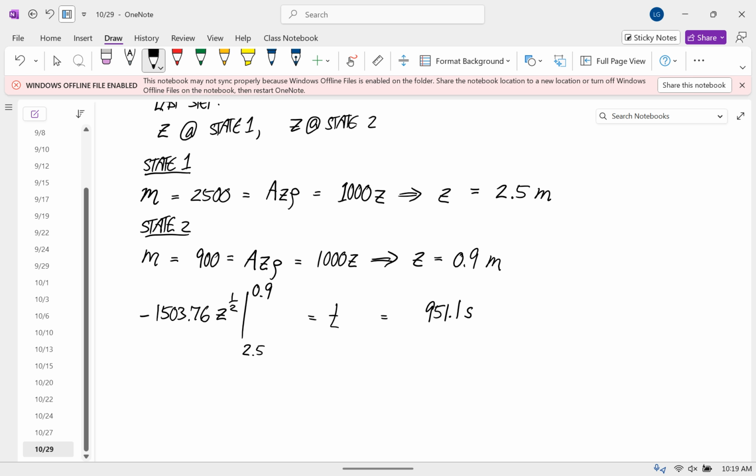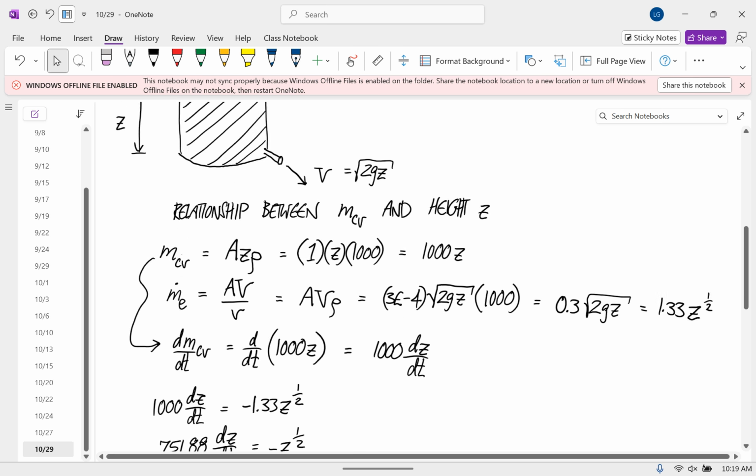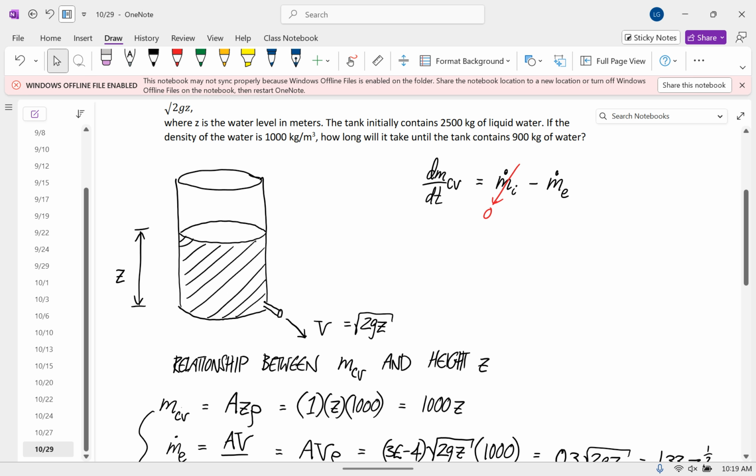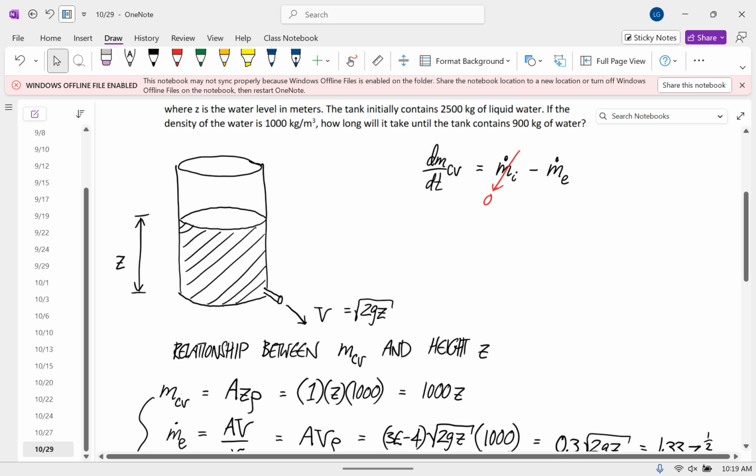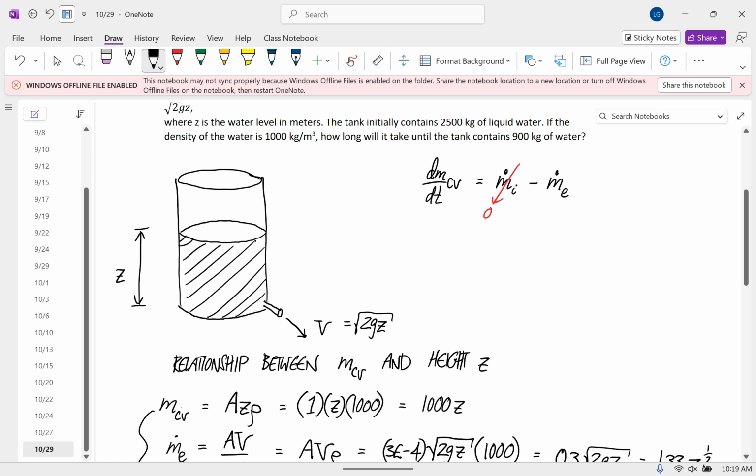So as far as a thought process on that, as I do this, I just sort of keep talking like I know where I'm going with it. But I know I'm going to use this equation. If you can look at this problem and recognize that this has to do with changing mass inside a control volume, then you know you're going to use this equation.